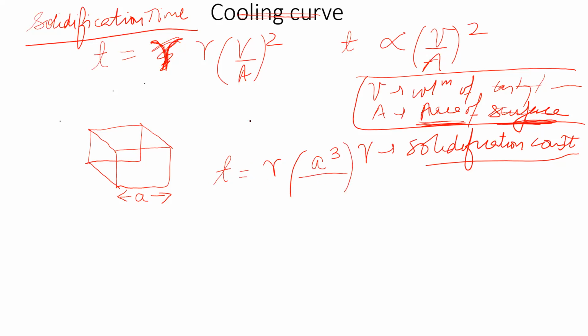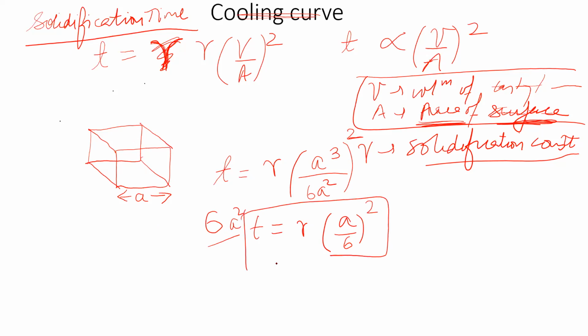And the surface area: how many surfaces are there in a cube? 1, 2, 3, 4, 5, 6. Six surfaces, and the area of each surface is A square, so 6A square is the total. So this will be A by 6 whole square, and T will be equal to gamma times A by 6 whole square, right?